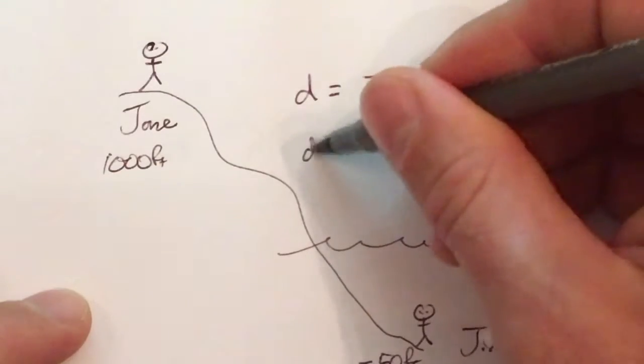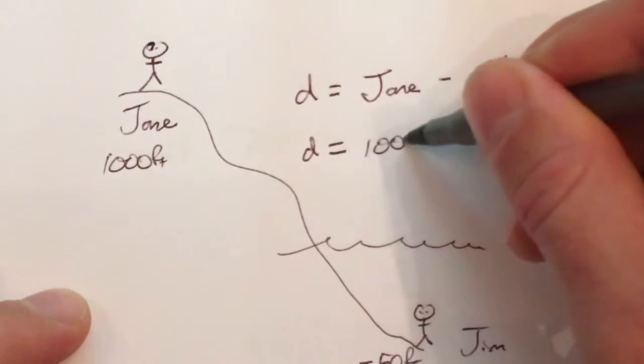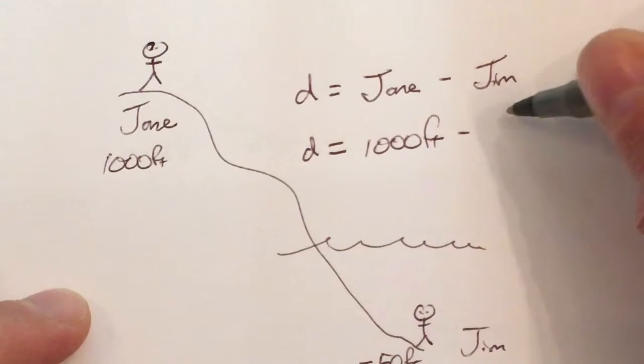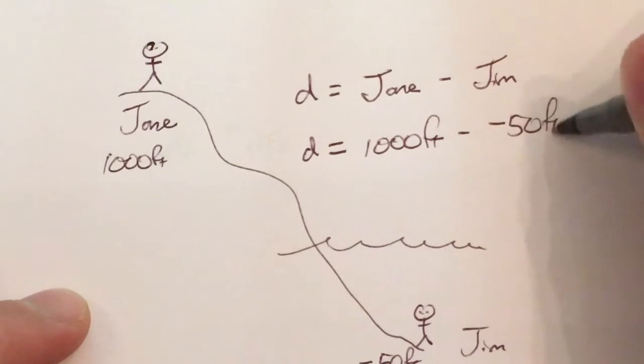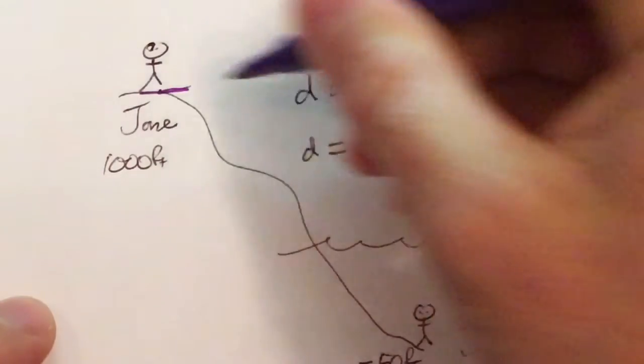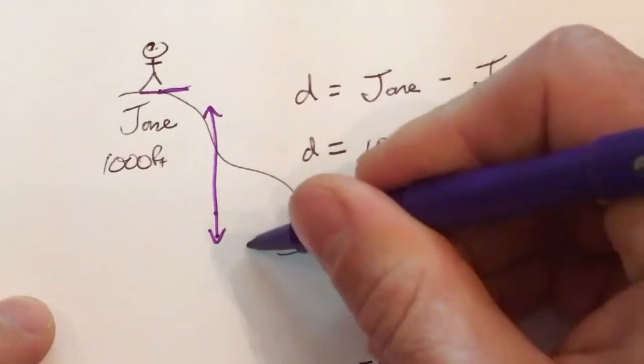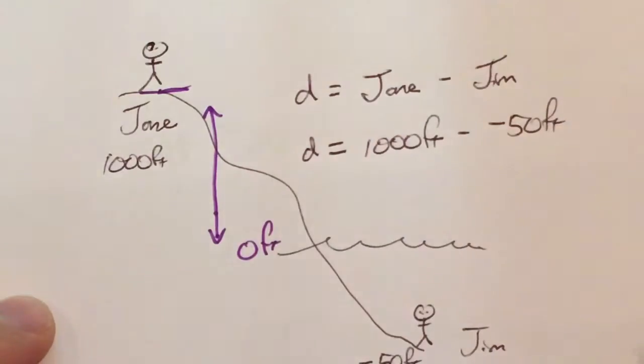And so watch what's going to happen. Jane is at 1,000 feet. Jim is at negative 50 feet, so you have to make sure you include that piece. And if we think about this for a second, that's where Jane is. The water is located at 0 feet. That's the way elevations work.